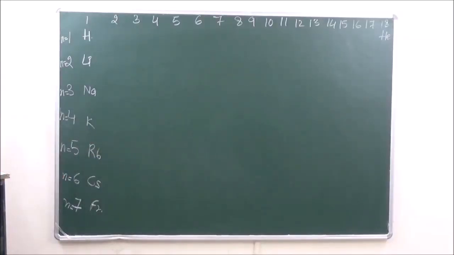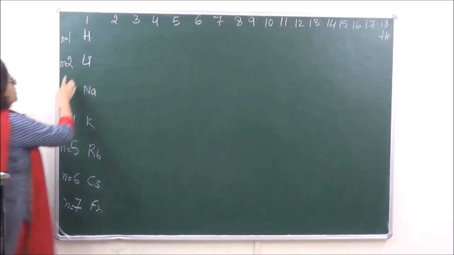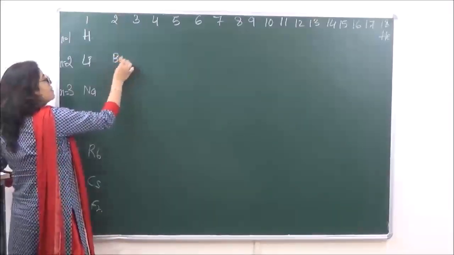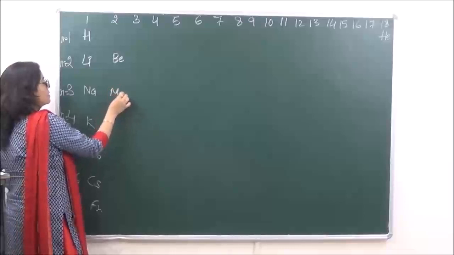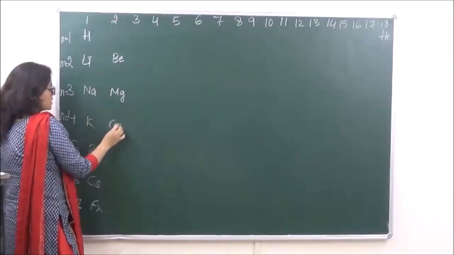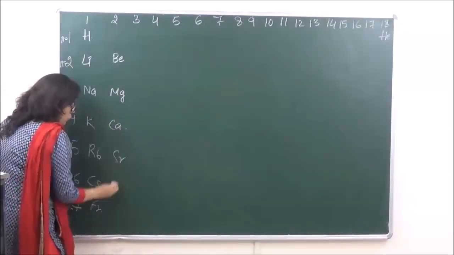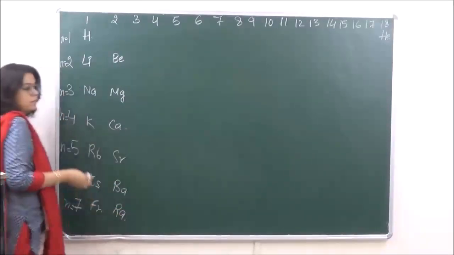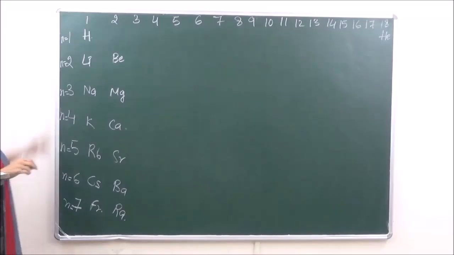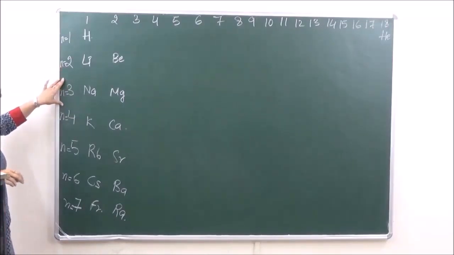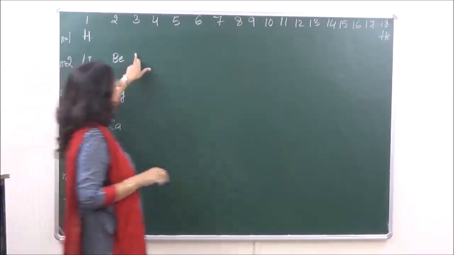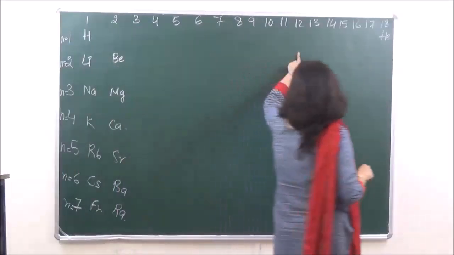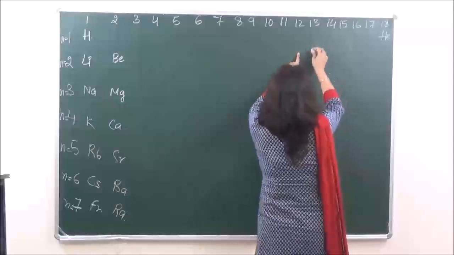So this is the first group. Then we go on to the second group, in which we have beryllium, magnesium, calcium, strontium, barium and radium. Okay? Then the D elements, groups 3 to 12, are not filled up here. So where do we go? We go to 13.